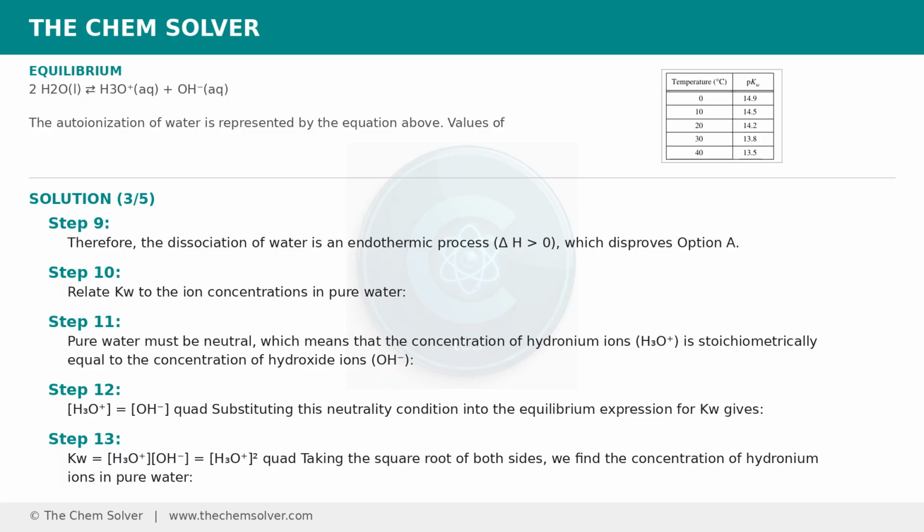Substituting this neutrality condition into the equilibrium expression for Kw gives Kw equals H3O+ times OH- equals H3O+ squared. Taking the square root of both sides, we find the concentration of hydronium ions in pure water.